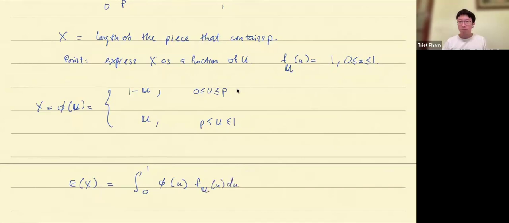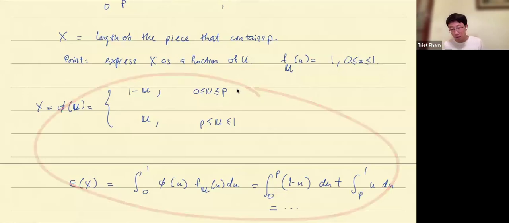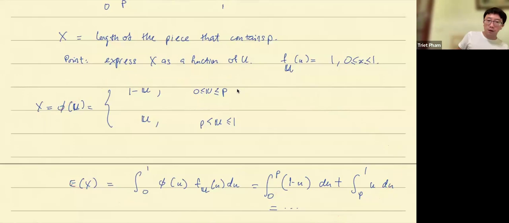If you want to write down everything, it will be the integral from 0 to P of 1 minus little u du plus the integral from P to 1 of u du. I'm not super interested in the calculus at this point, but more in the process of expressing something as a function of a random variable. Are we clear on this? Any question?